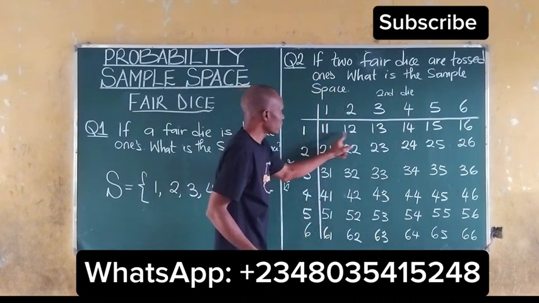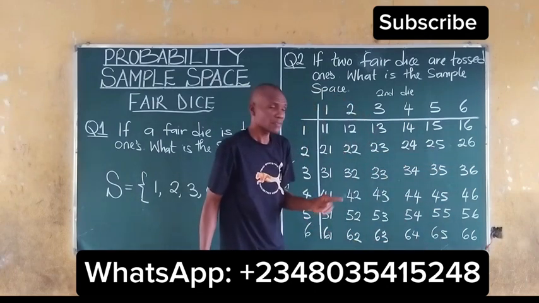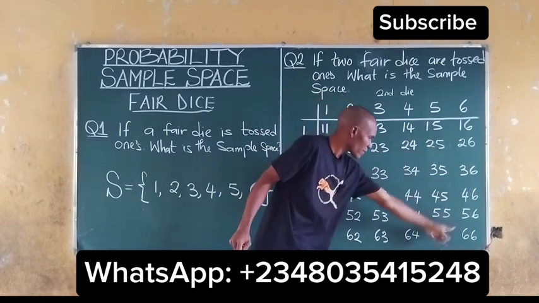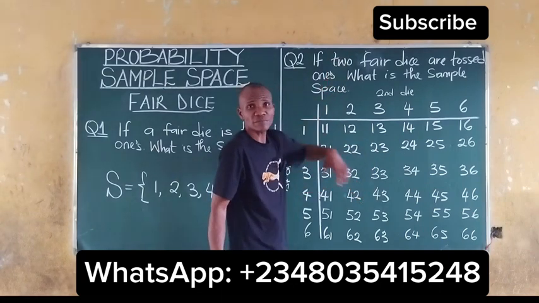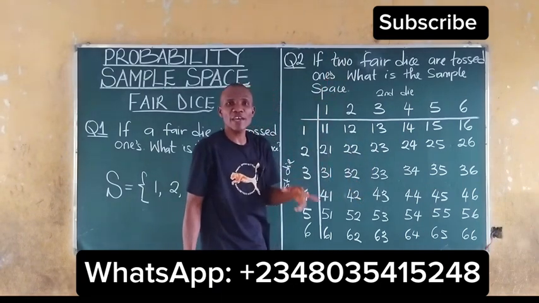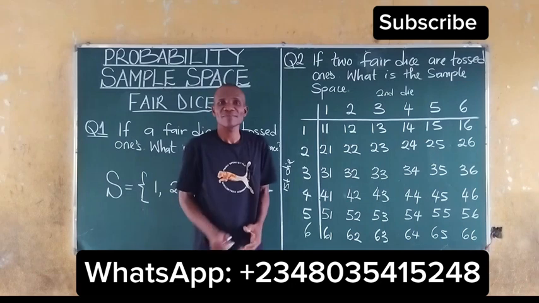Everything we got here is now the sample space for the question given. So if we toss two dice, we get the whole of this.